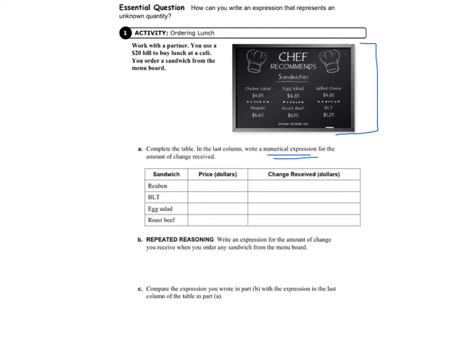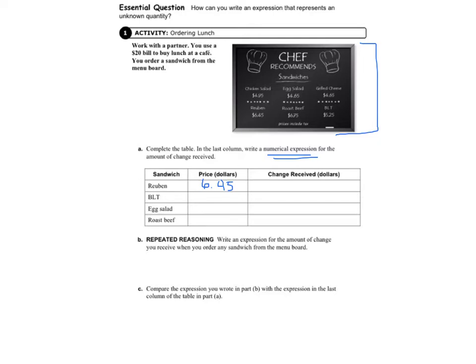So the first thing I'd like to do is go down the column and write the price of our lunch. So if we order a Reuben sandwich, the price of our lunch is $6.45. So we're going to write that, 6.45. And for now we're just going to ignore the dollar sign because at the top of our column it says that it's in dollars, so we don't need that.